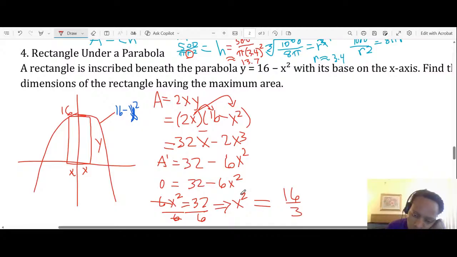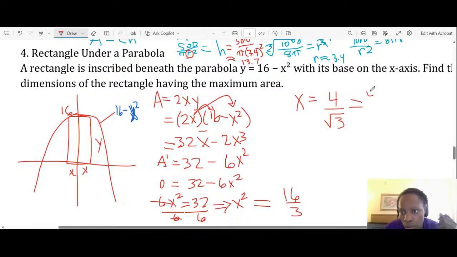So if x squared is equal to 16 over 3, then x is equal to, it's going to have to be positive, so we take the positive version of 4 over square root of 3. And if we rationalize, it's going to be 4 square root of 3 over 3.